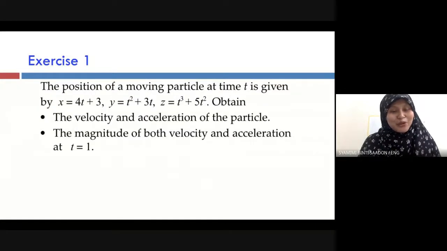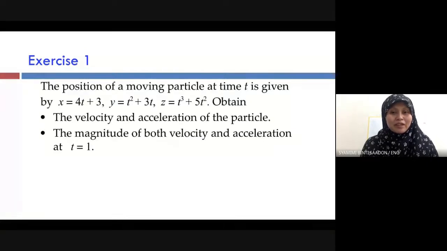Okay, an example, you can try to do this, but it is very simple. The position of a moving particle at time t is given by x, y, and z as functions of time t. Obtain the velocity and acceleration of the particle.